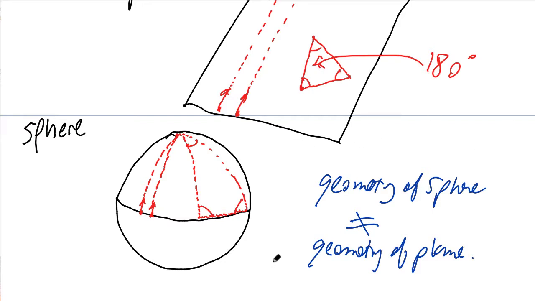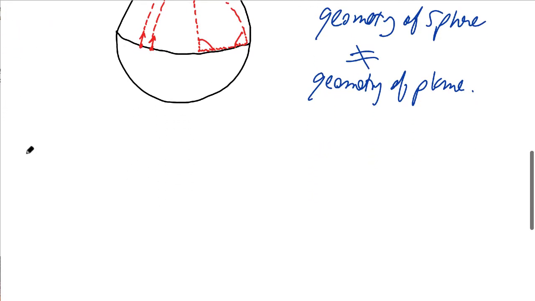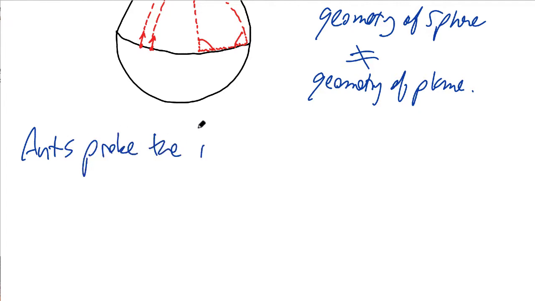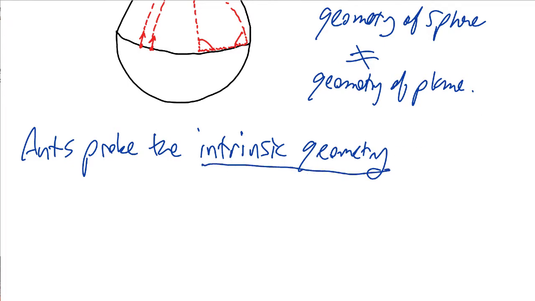And the second comment I want to make is that notice the ants are probing, in these cases, what we refer to as the intrinsic geometry. The intrinsic geometry is distinct from what we refer to as the extrinsic geometry, which refers to the way that the surface is embedded in the higher dimensional, three-dimensional Euclidean space.